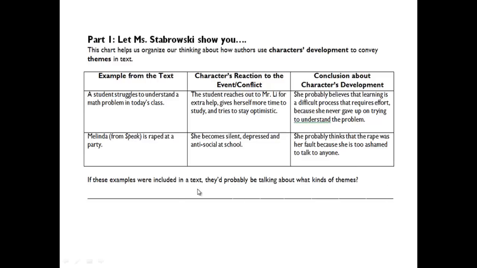This then leads to the next section, which says, if these examples were included in a text, they'd probably be talking about what kinds of themes. As a good reader, I'm supposed to ask, what lessons should I be able to learn? For the first text and the second text, we have two different sets of lessons. These are the ones that I came up with. Please take notes when you see my text come up. It says, first text: grit, perseverance, self-improvement. Our student struggling in math class showed grit.